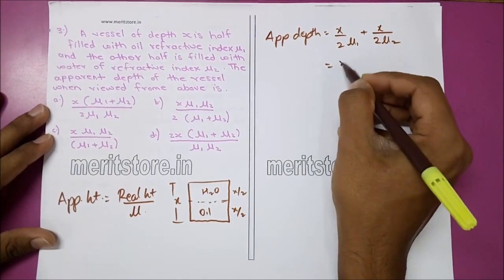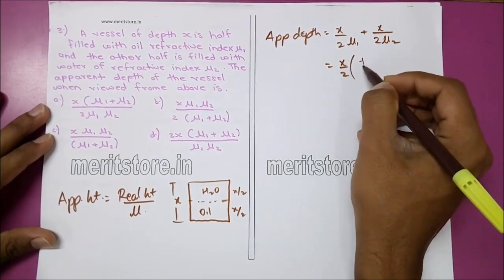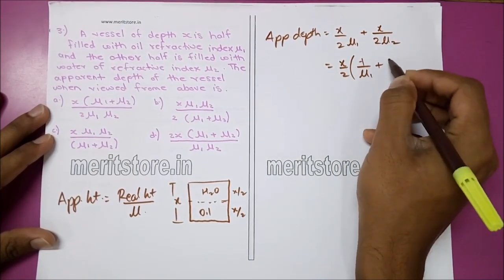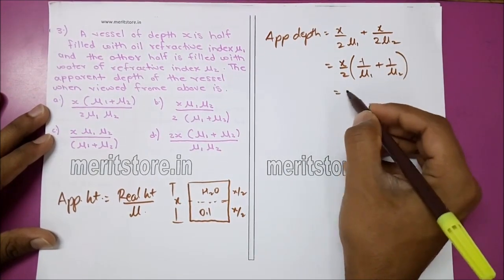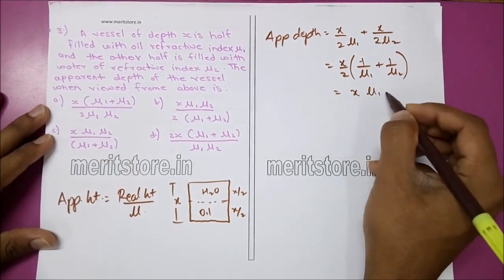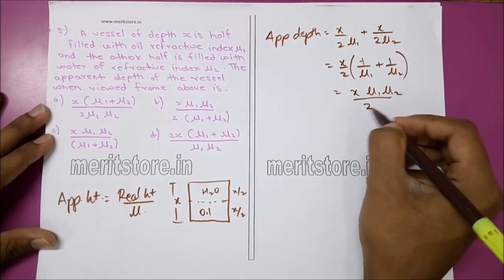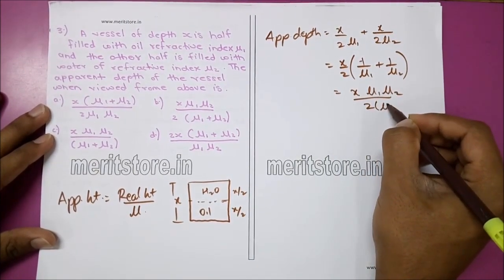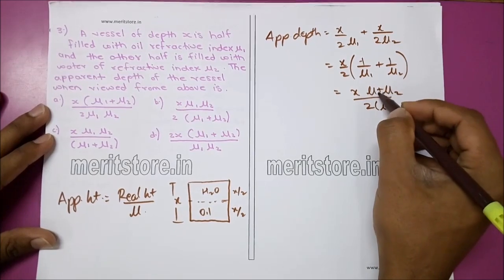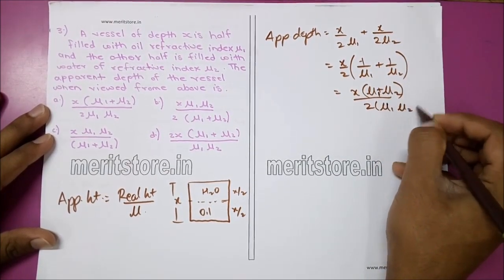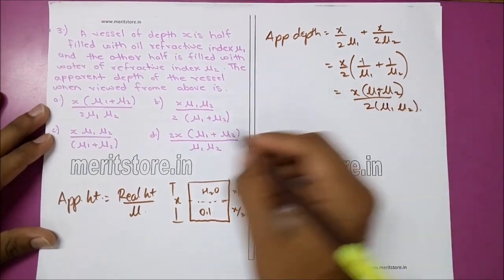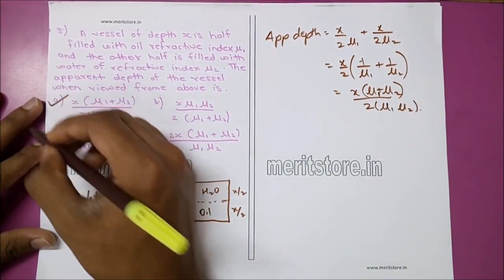So let's take x by 2 common. You get 1 upon mu1 plus 1 upon mu2. So simplifying this, we get x times (mu1 plus mu2) upon 2 times mu1 mu2. Hence option A is the correct answer.